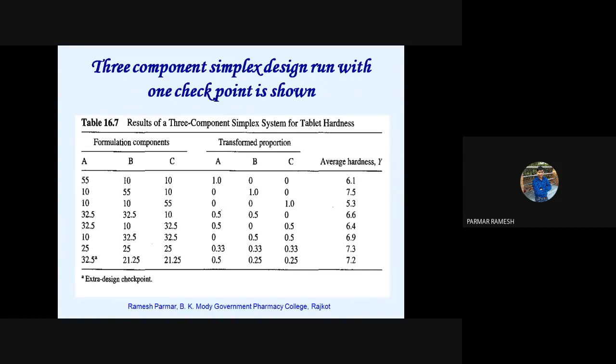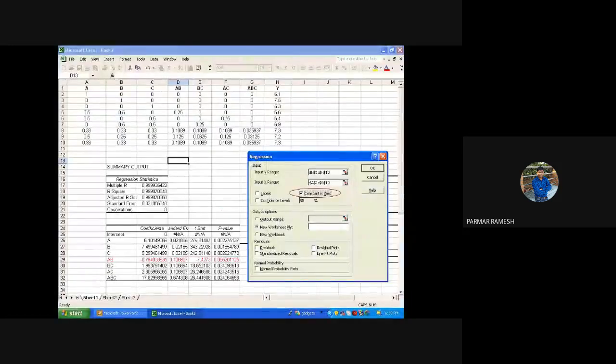There is the formulation component and the transformed values are listed over here. Here the response is also shown for each design run. One more run is prepared as a checkpoint to check the relationship. This we will discuss in Excel. If you have any question, you can ask.